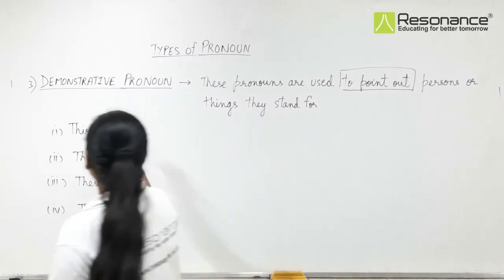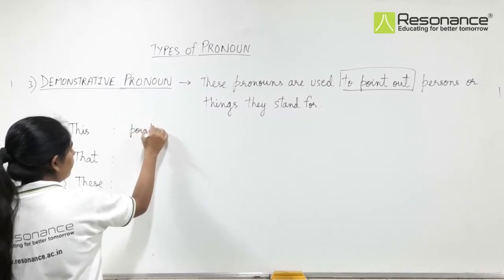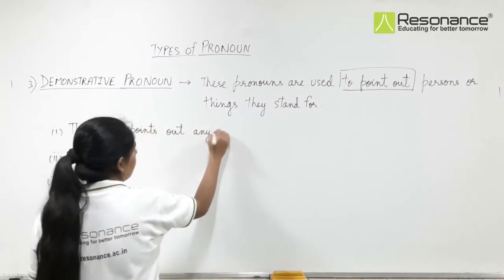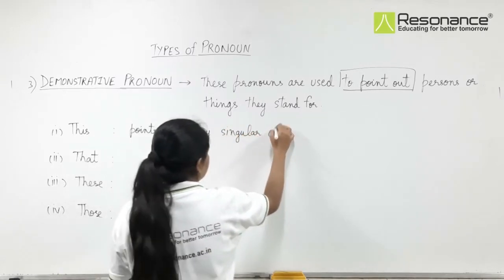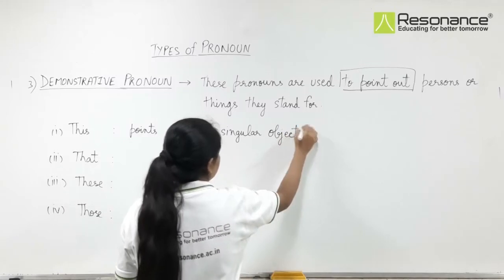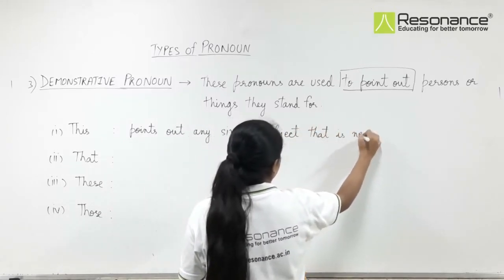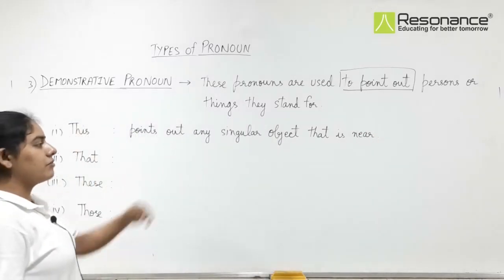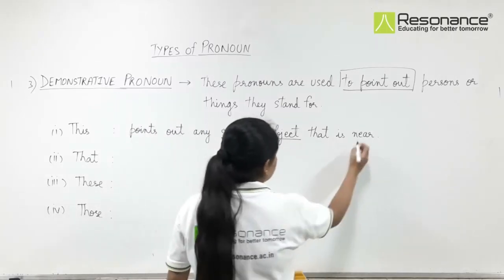This is used to point out any singular object that is near. Okay, it points out any singular object that is near. So here you have to remember two words.